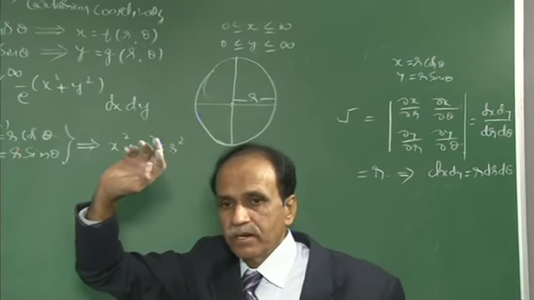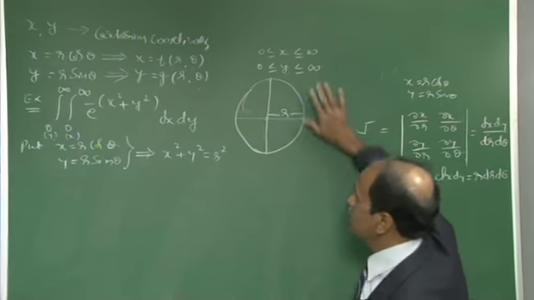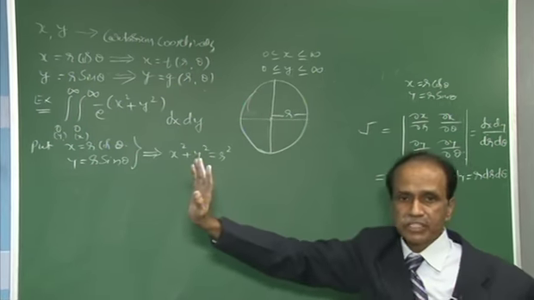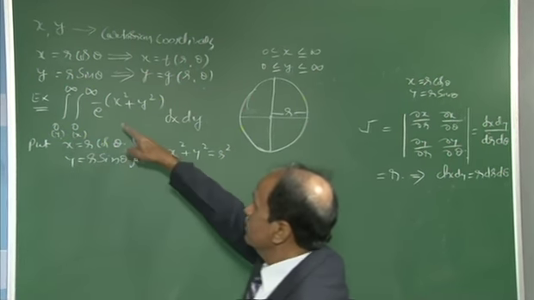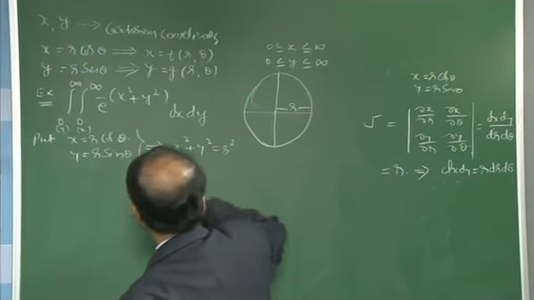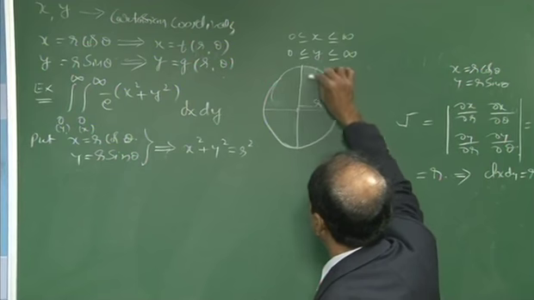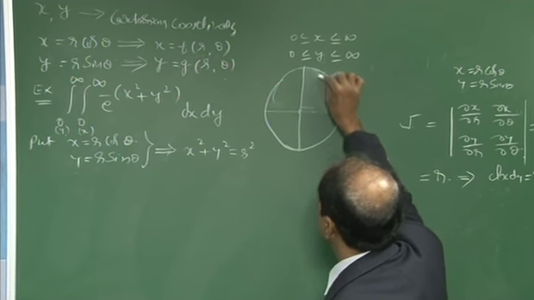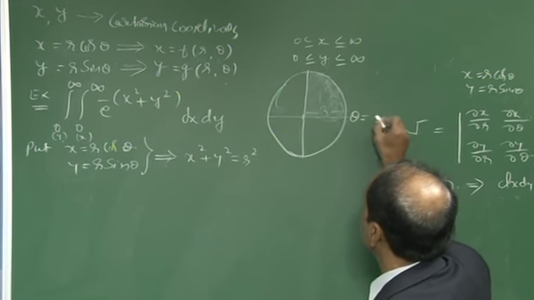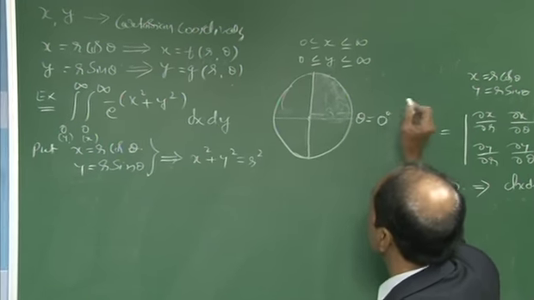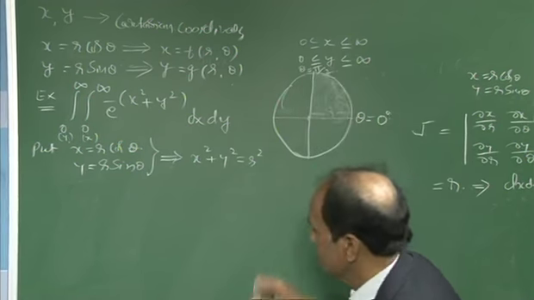Now, what is the vectorial angle we are going to generate by taking the anti-clockwise rotation? According to the given integration, 0 to infinity means that it lies only in the first quadrant. So we have to restrict the vectorial angle: theta equal to 0 degree and theta equal to 90 degree, so 0 to pi by 2.